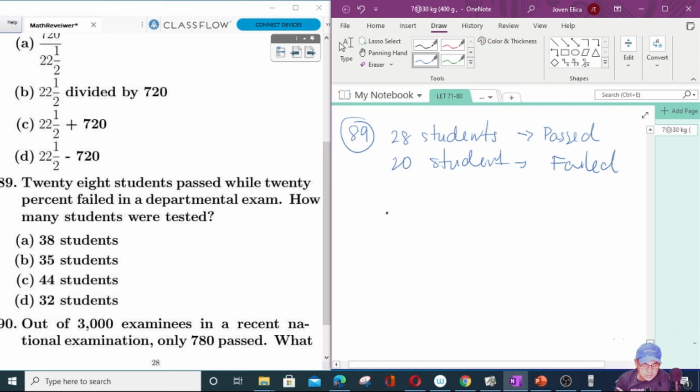So 20% is failed. That means this is 80%.